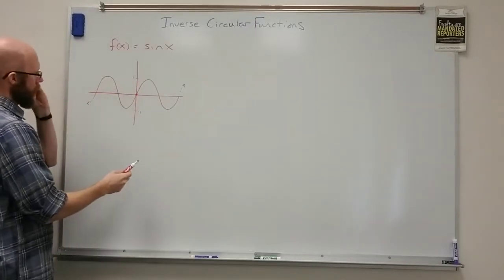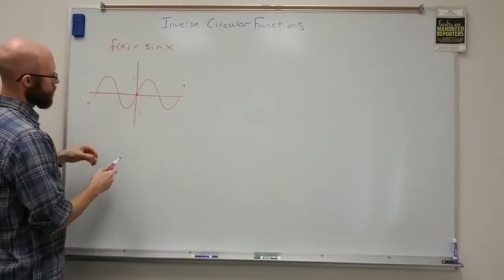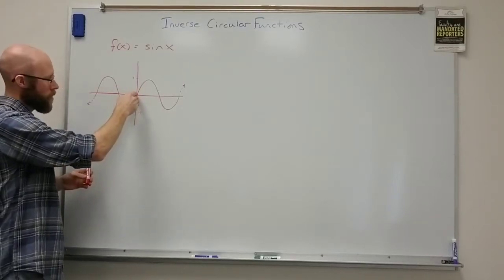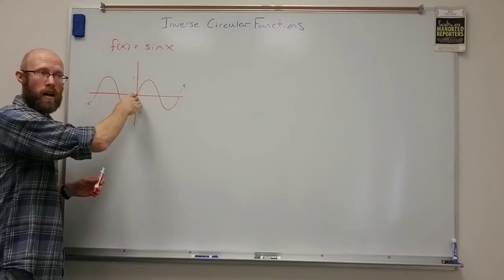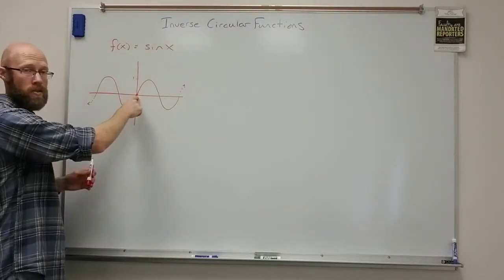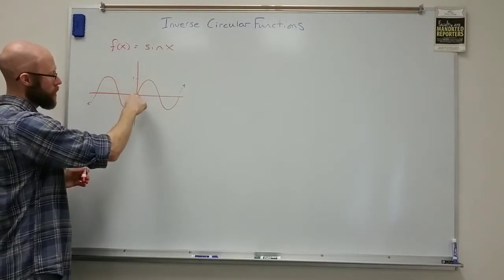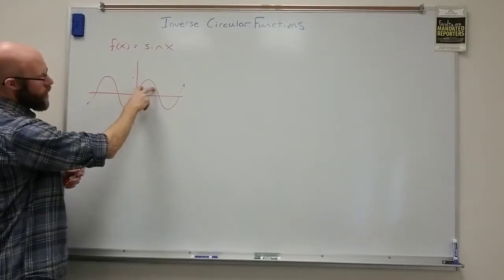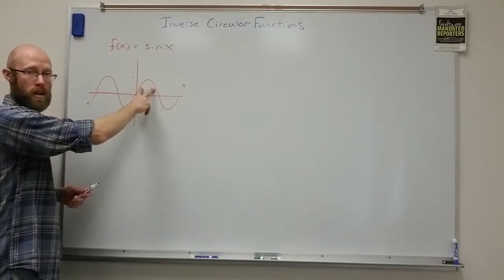So if we restrict this down, there's a couple options. You can't really start at 0 and get a one-to-one function and still incorporate all the range values, because if you start at 0, you go up and then back down again, you're going to create a failed horizontal line test.